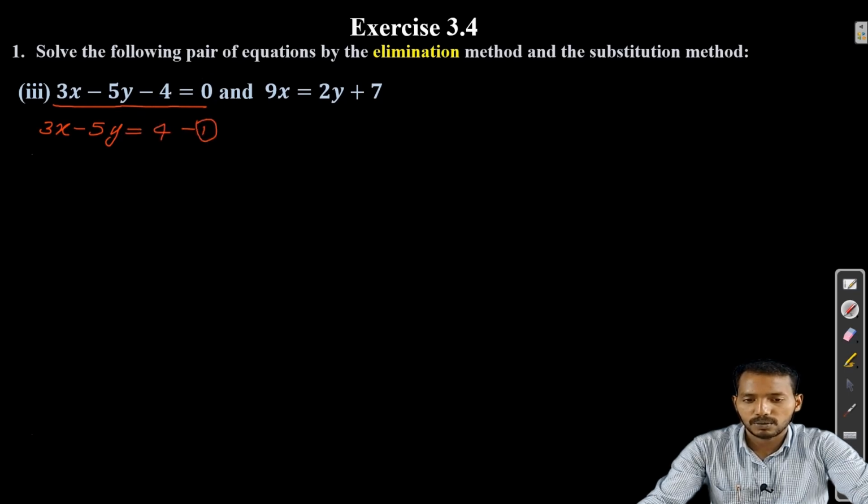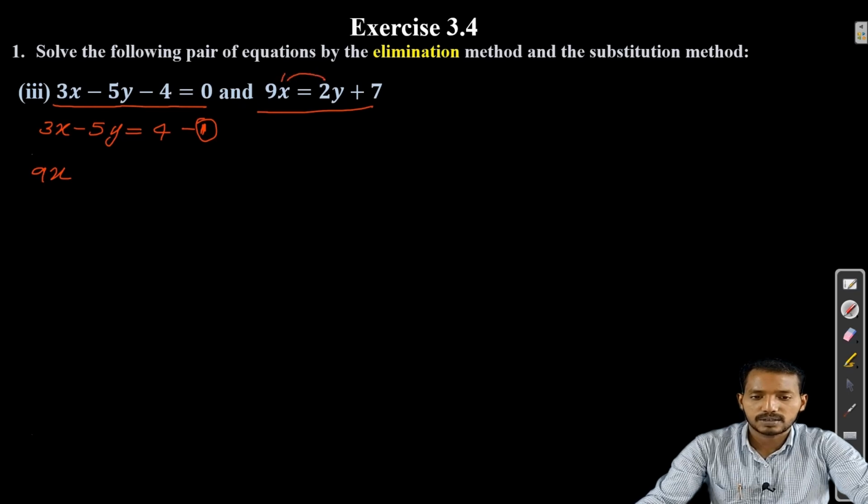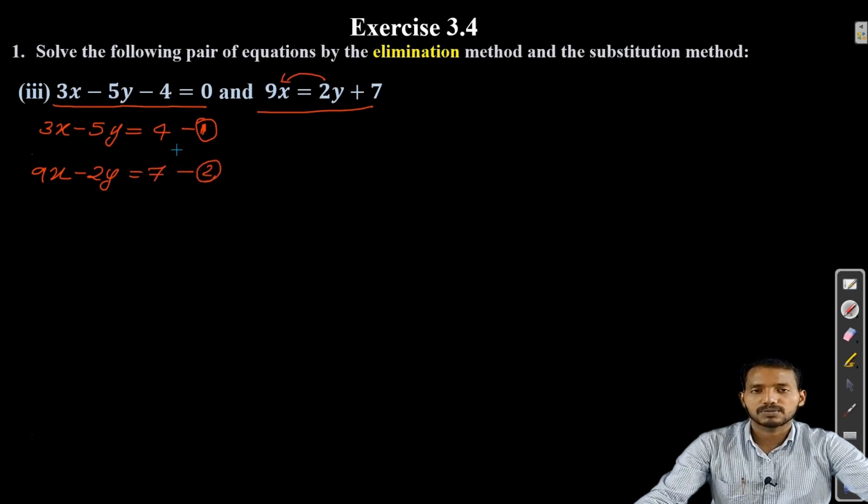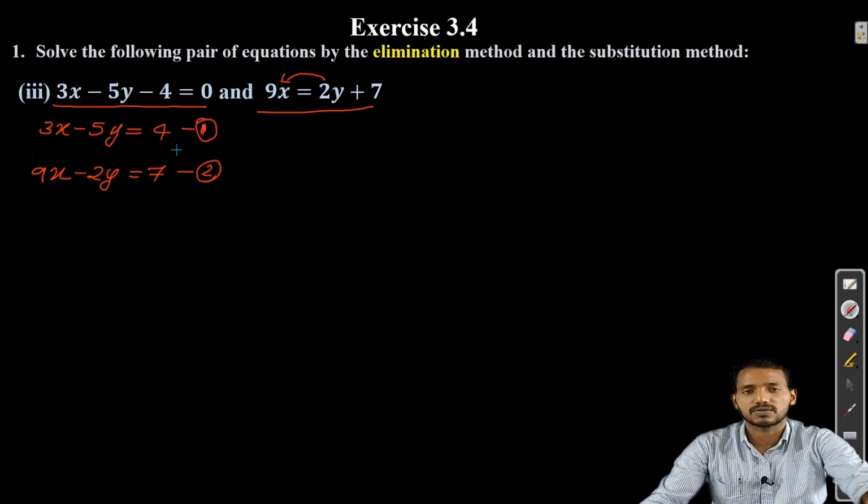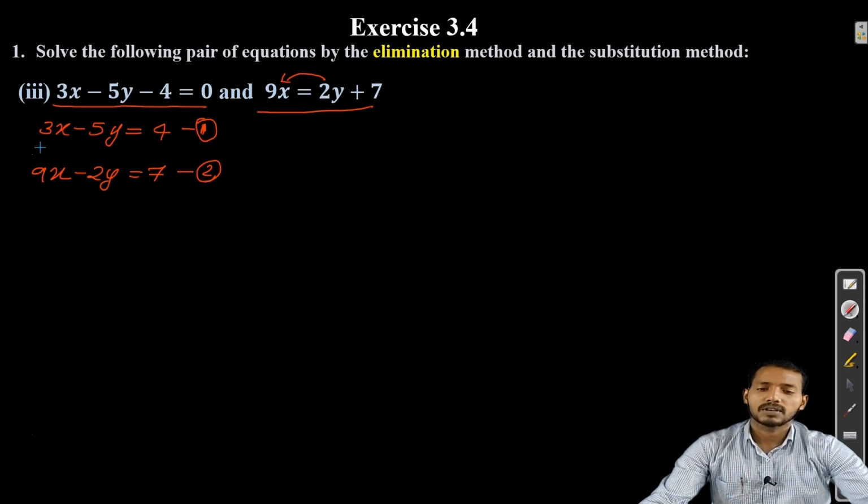Give it equation number 1. Similarly, take this equation also: 9x, bring this plus 2y to the left side, we get minus 2y is equal to plus 7. Keep it as equation number 2. Just modify into this form for easily solving.